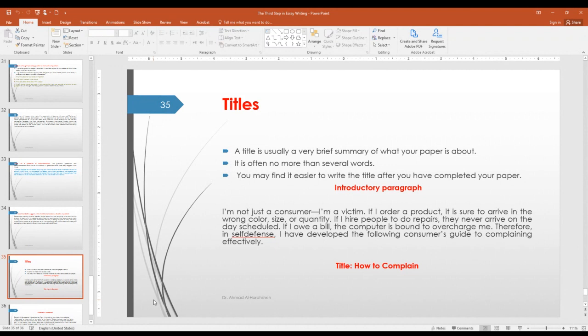All right. Then, when you write your thesis statement, you have to apply, if you remember, the pre-writing techniques. You should apply them, and this is the first idea.